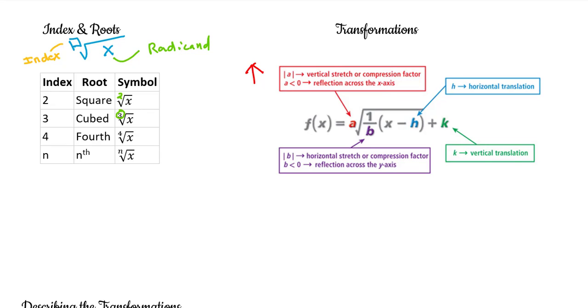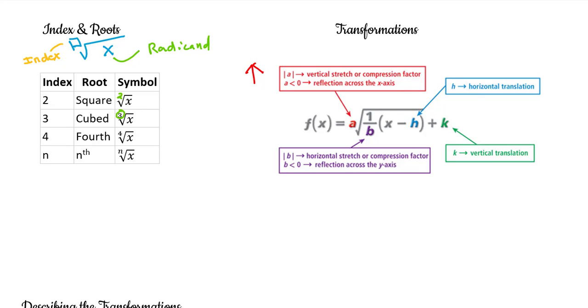If your a value is less than 0, it's going to reflect over the x-axis. Now let's talk about our vertical translations. You're just adding k, which helps you shift the graph up or down.